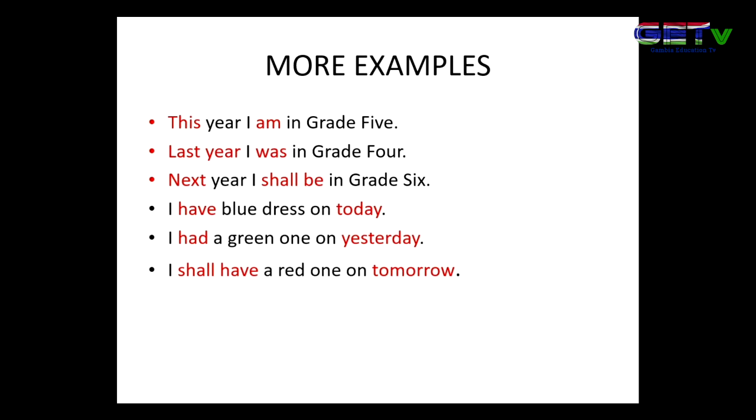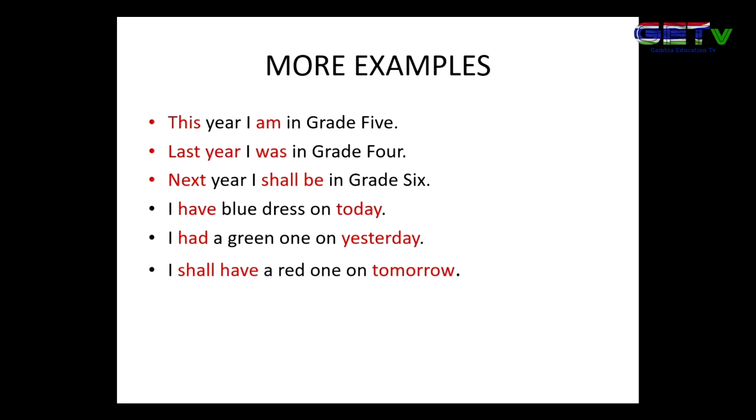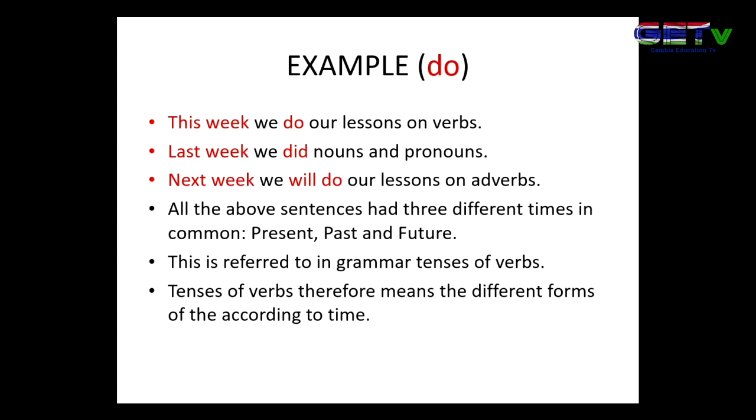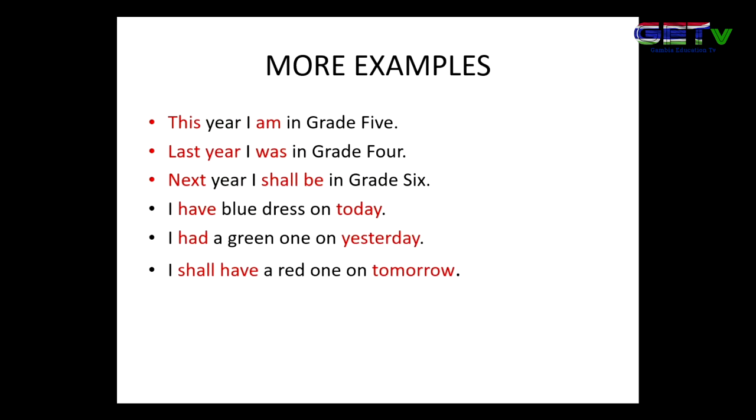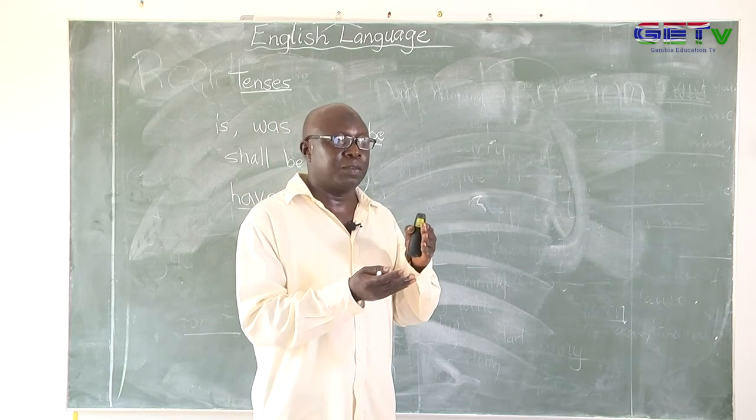I had a green one on yesterday. So you have yesterday, had. I shall have a red one on tomorrow. Same have comes back. Okay. Now let's look at these three different times again. We have yesterday, today, tomorrow. We have seen that the verb will be changing according to the time.